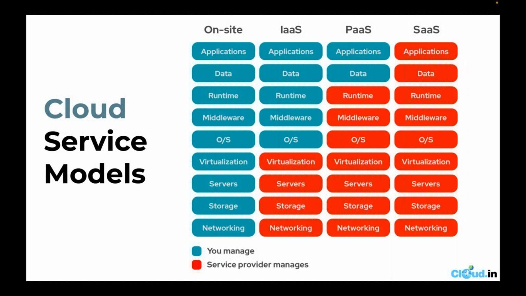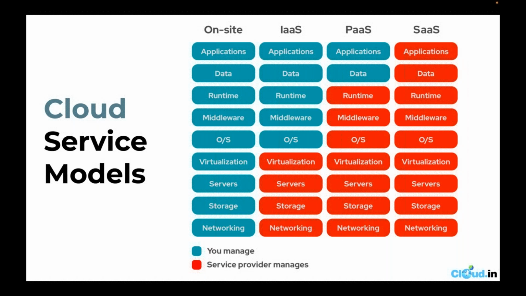So as you can see from the diagram itself, when it's on-prem, like the traditional model, you have to manage everything, as you can see in the diagram, from applications, data, runtime, middleware, OS patching and everything, virtualization, servers, storage, and even networking. Everything was managed, maintained, and done by the client itself in its traditional manner.